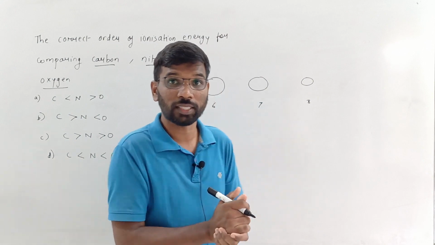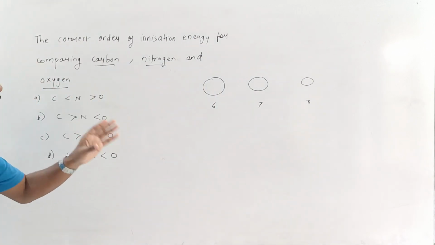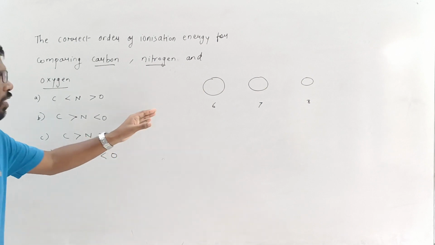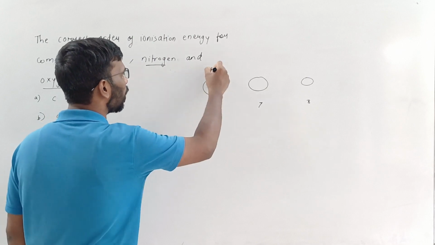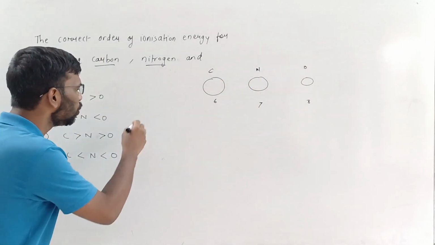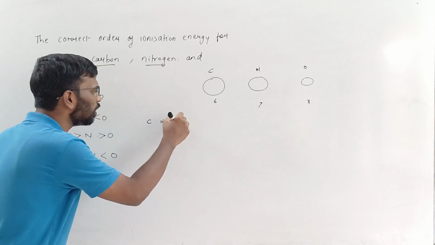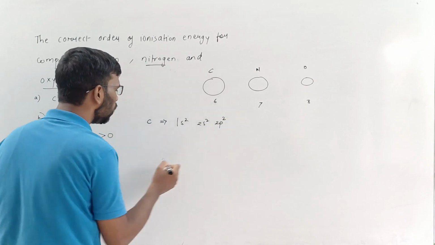But that is not the case. We have to look at the stability of the orbitals also. Let's understand the meaning of the ionization enthalpy with respect to electronic configuration. This is a carbon atom, this is a nitrogen atom, this is an oxygen atom. So the carbon atom's electronic configuration is 1s2, 2s2, 2p2.